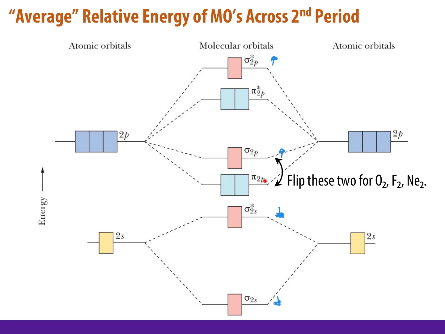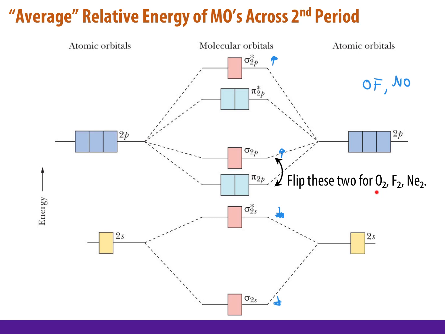That's just something you'll have to remember: this is the normal order with the pi 2p below the sigma 2p, but these are flipped for only these 3, O2, F2, and Ne2. So anything else, we'll look at things like OF or NO, any of these are going to have this normal diagram. It's only O2, F2, and Ne2 where we'll have to flip these orbitals back to the way we drew it out at first. And that's what you need to remember.